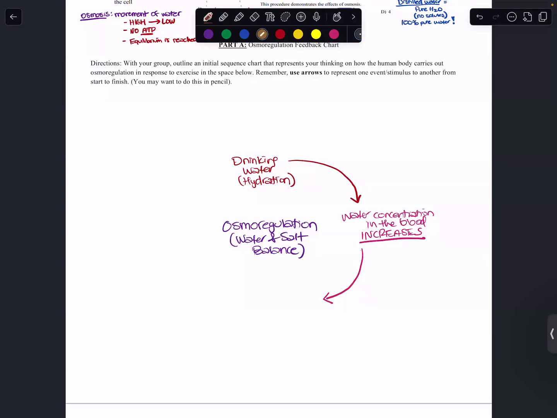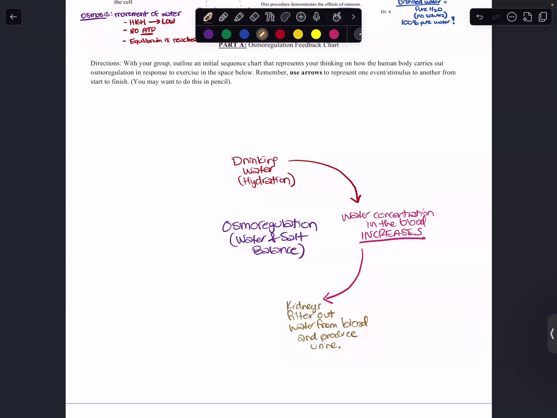Okay? So, as a result, the kidneys will have to filter out water from blood and produce urine, right?